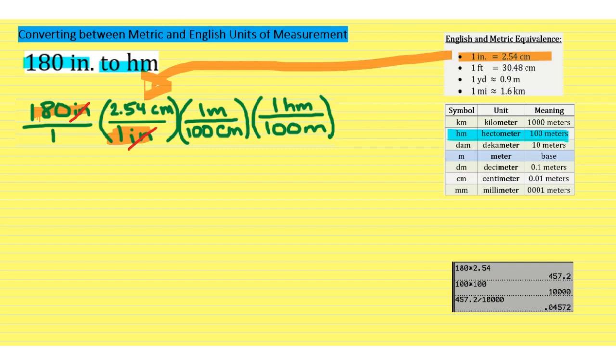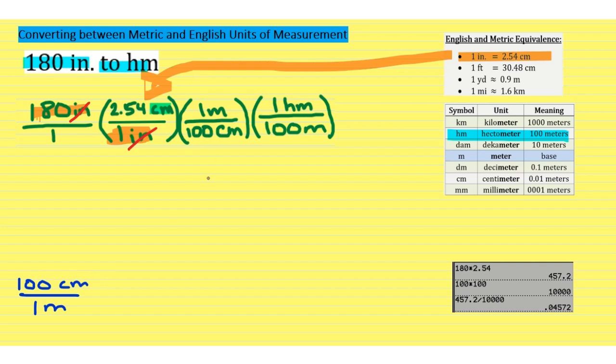Okay, so the next one, I have centimeters here that I need to cancel out. So I'm going to go and find centimeters, except again, this is the one that is not in this particular chart. What I want to think of is the fact that 100 little centimeters fit into 1 meter.